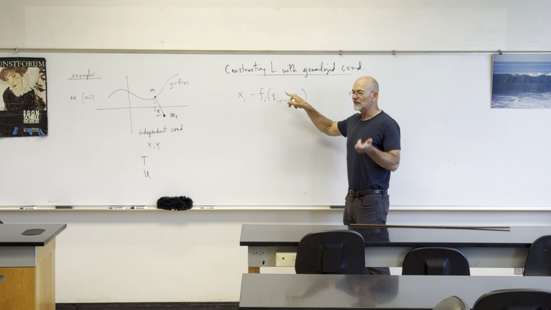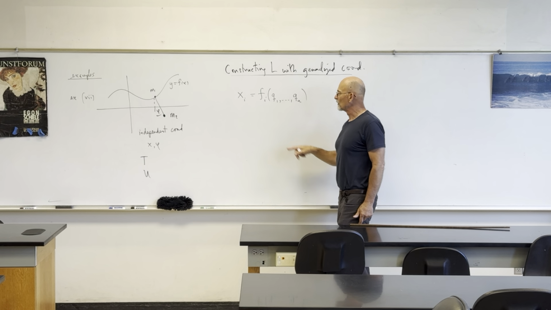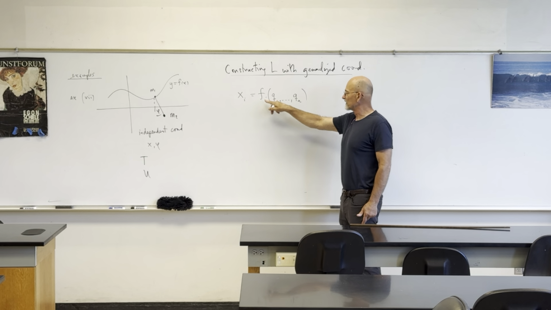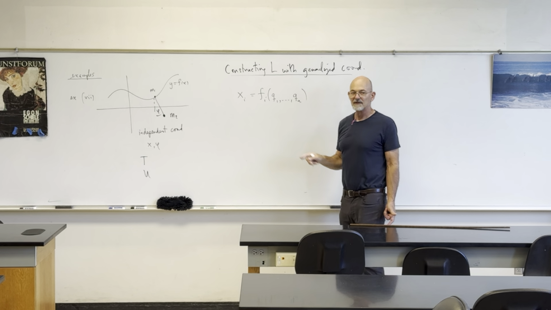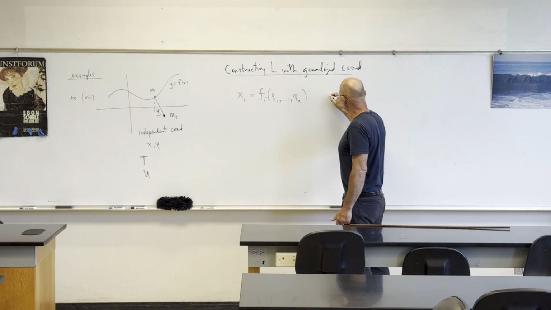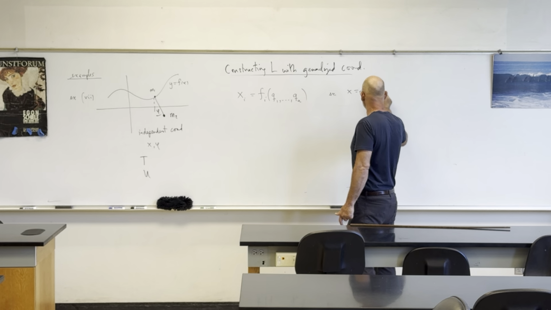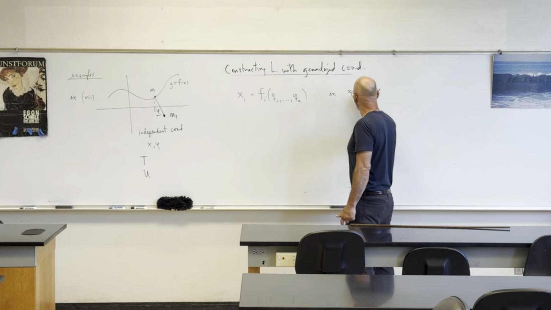So the q1 and q2 were the r and phi. Okay. And y, x sub 2, was r sine phi. So that example is clear in our mind. In fact, I can say x sub 1 and x sub 2 is r sine phi.